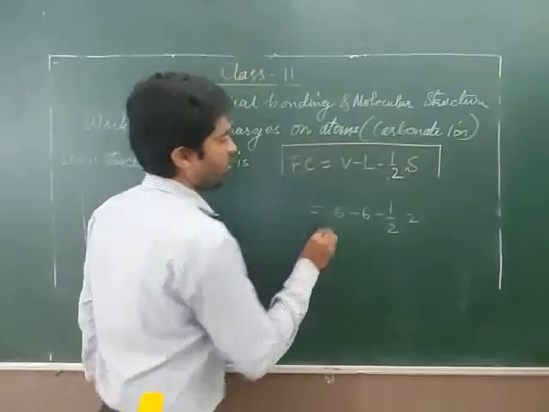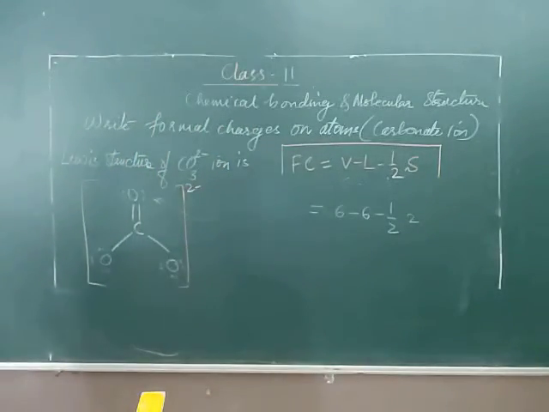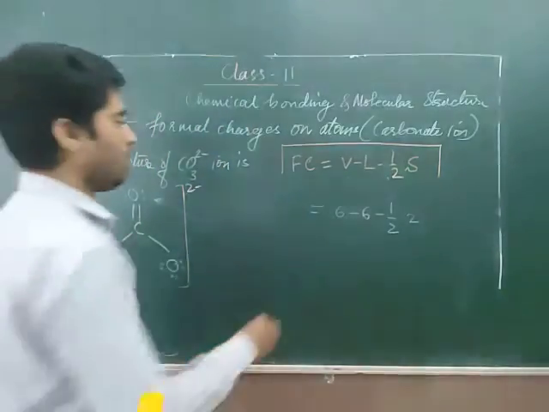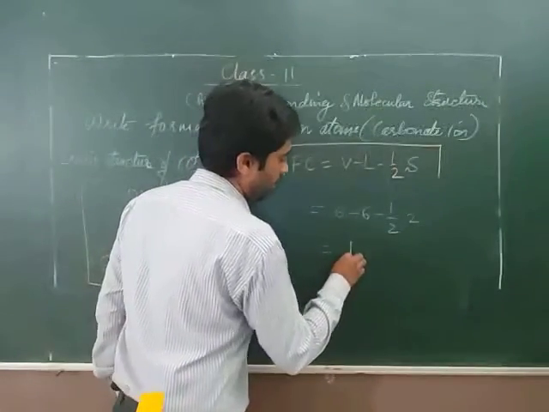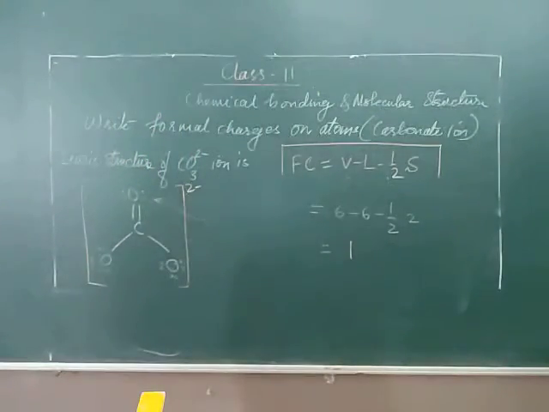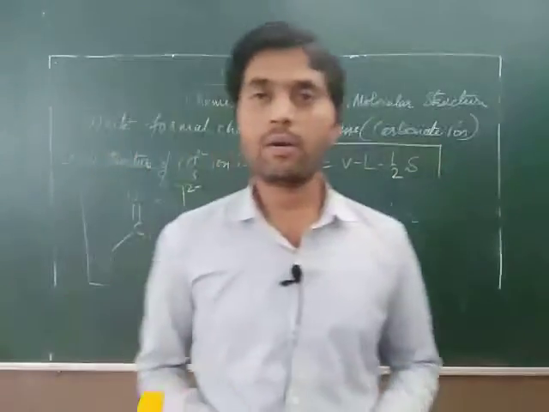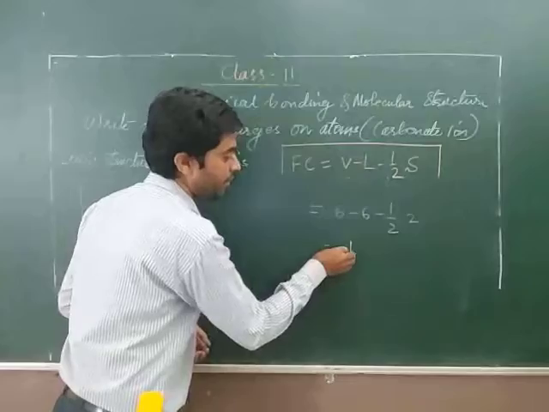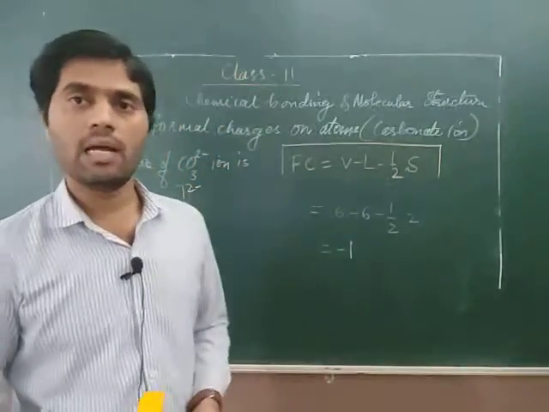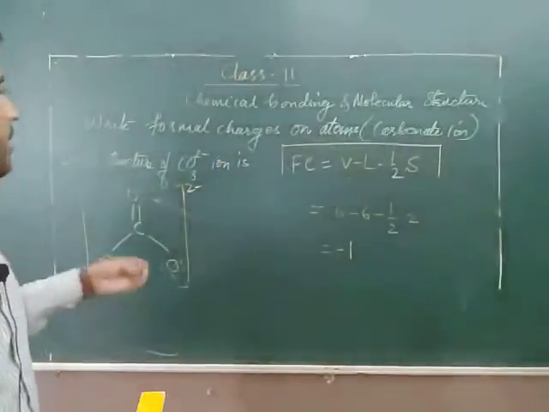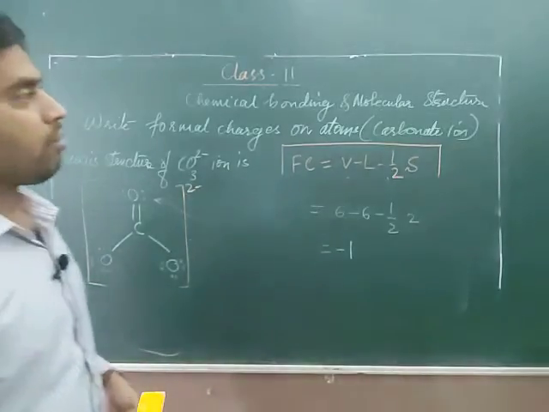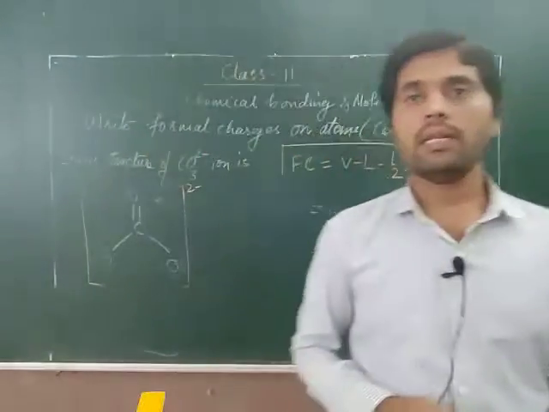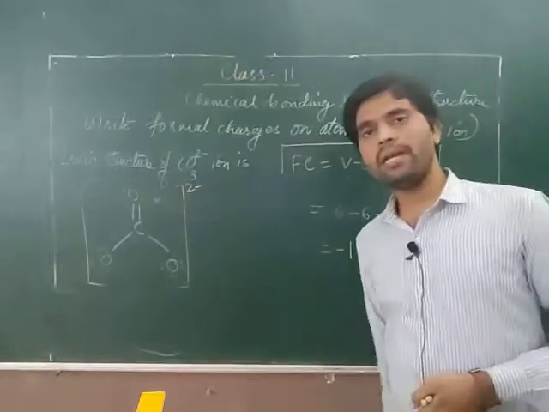Now calculate: 6 minus 6 is 0, minus 1, so the answer is 1. The formal charge magnitude is 1, and oxygen is an electronegative atom, so the charge on the oxygen will be negative, that is minus 1. In this way we have calculated the formal charge on oxygen and carbon in the carbonate ion.